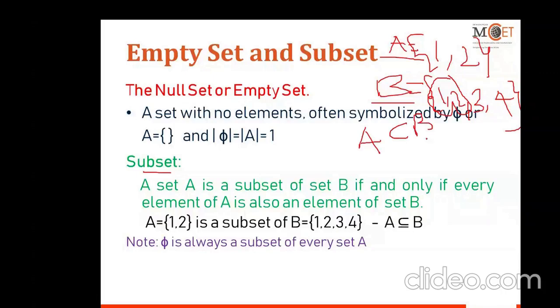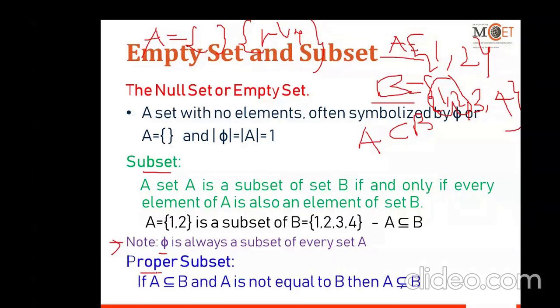That's an important point to remember: while considering any set, let it be an empty set or one that has n values, for all these sets, φ will always be a subset of every set. Make a note of it. After that, what is a proper subset?